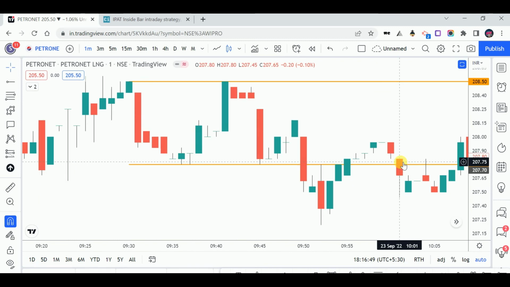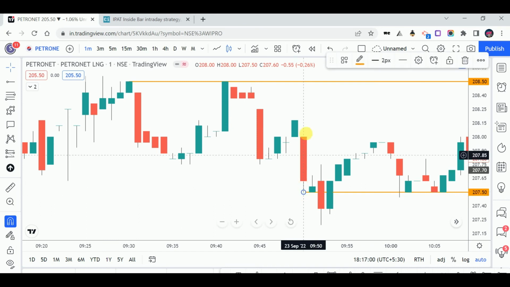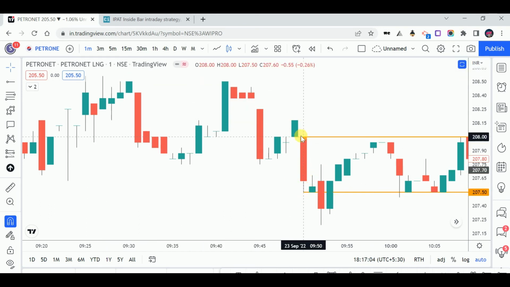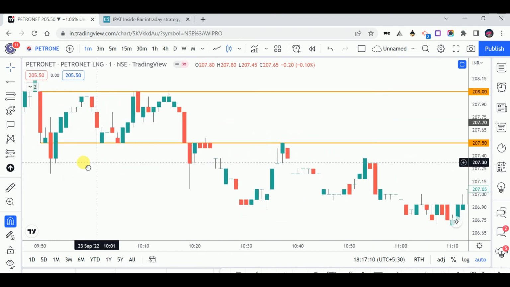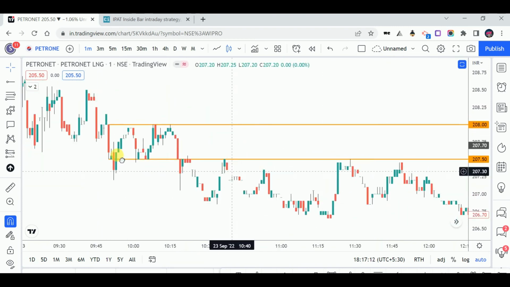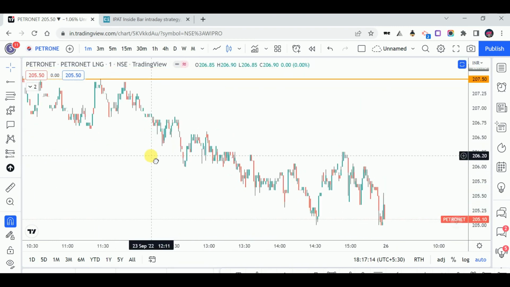The signal candle is the candle which closes outside the range of this inside bar, which is this one. Then we will enter at the low of this candle for short positions, and then we will keep our stop loss here, and we will take around 1:3 to 1:5 risk to reward in this way.